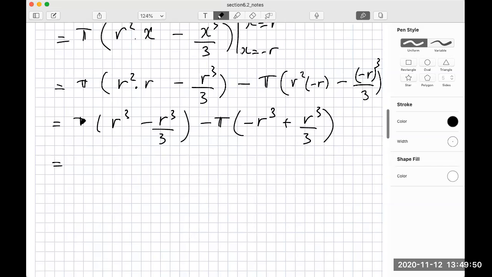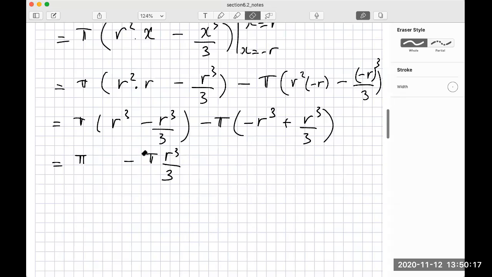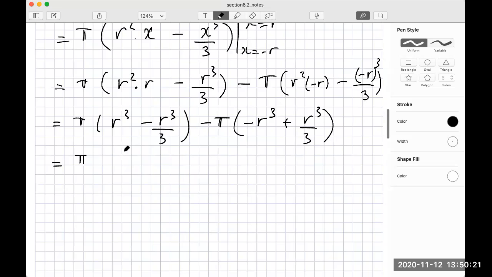Now, we simplify it. Let us do this part first, right? I think it's better to factor it, right? We don't want to write so much.